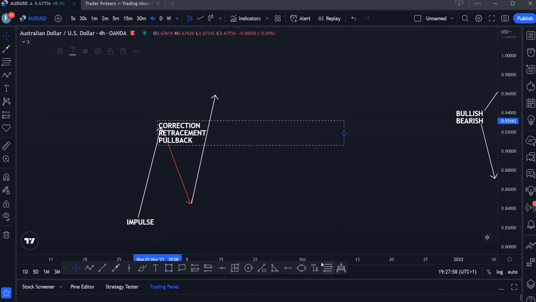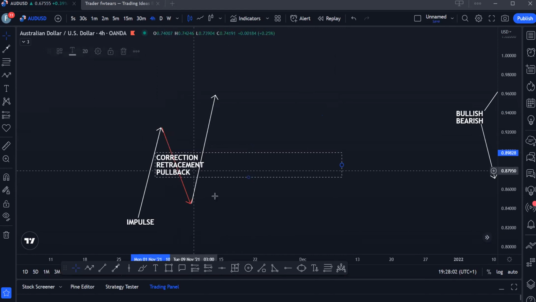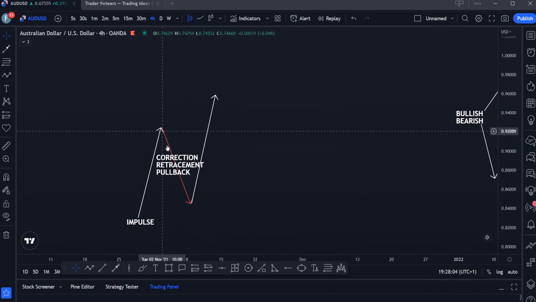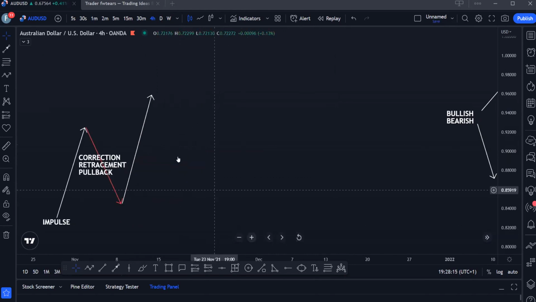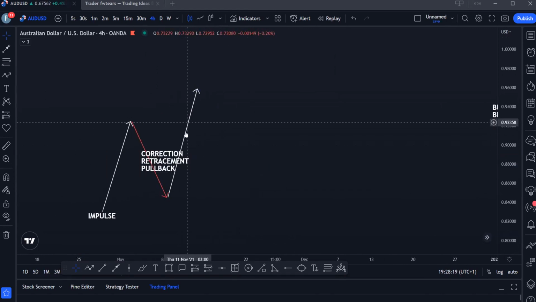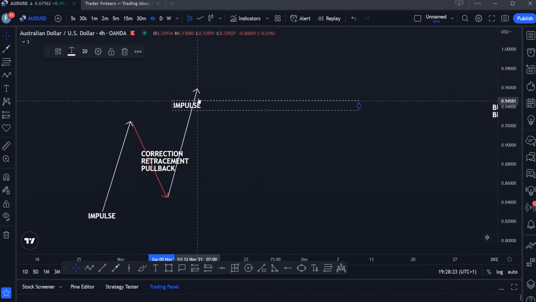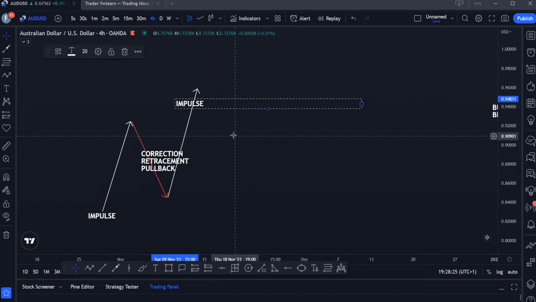All right, so correction, retracement, or pullback is that red arrow, a move that goes down. The right word for it is correction because it is a corrective move. And then the next move is another impulse move, like so.